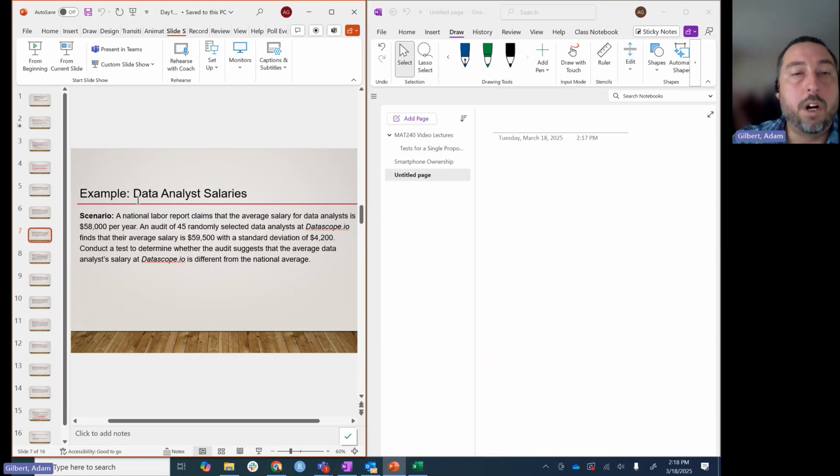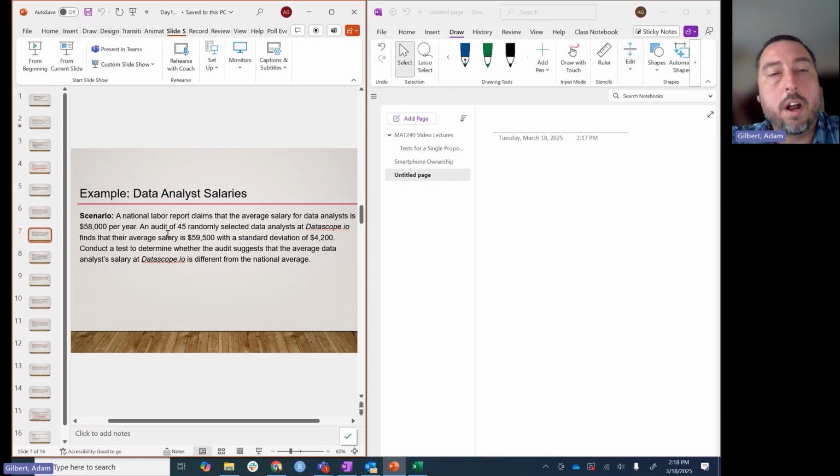In particular, here's one, this data analyst salaries example. In this one, you're collecting data from data analysts and you're asking them what their salary is. Numbers that can come back from that may be, I earn $55,000 a year. I earn $64,000 a year.